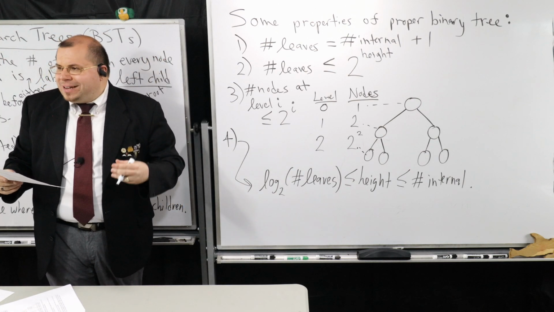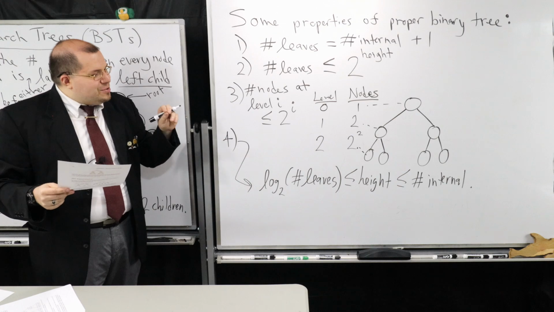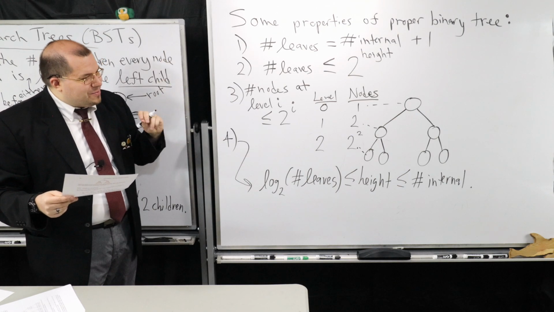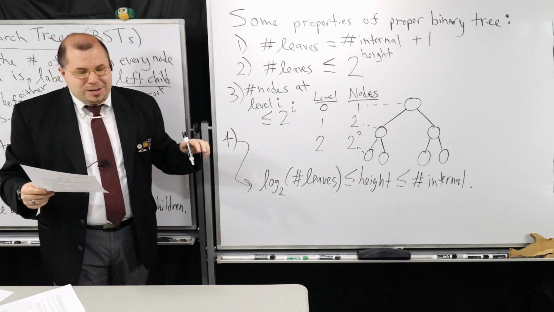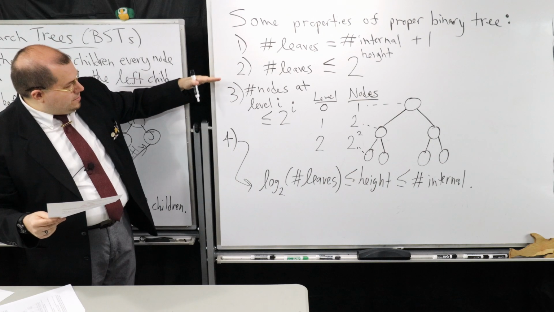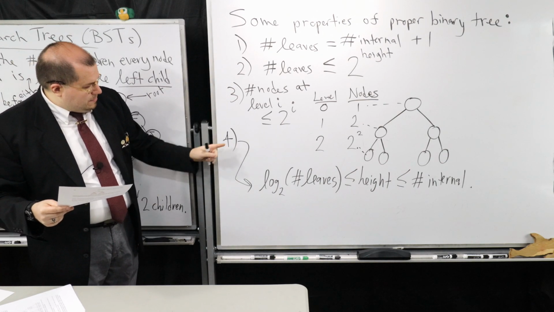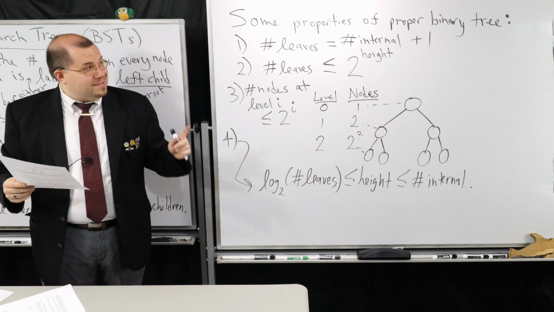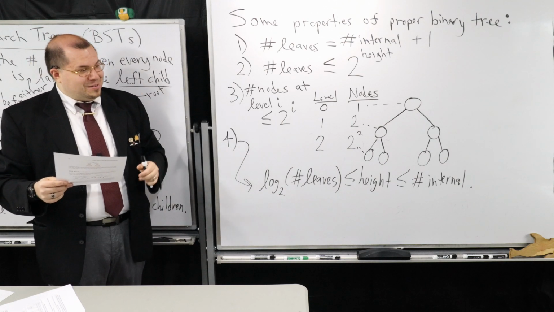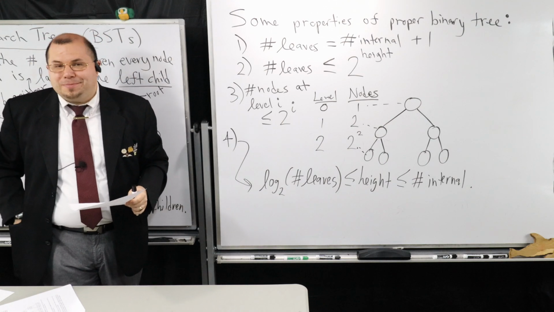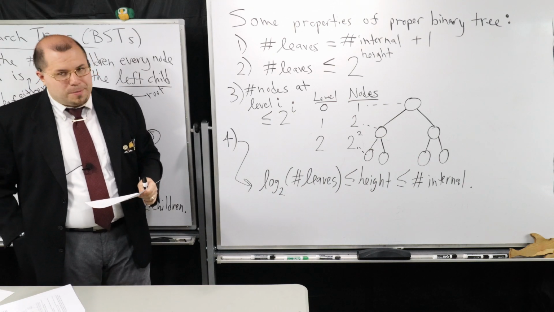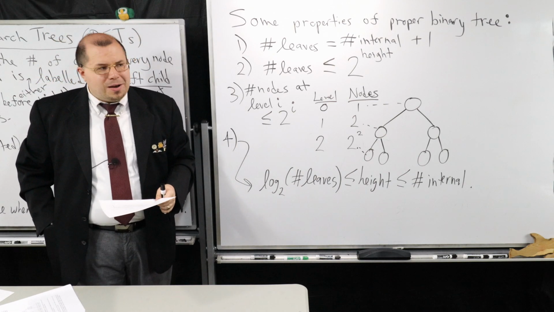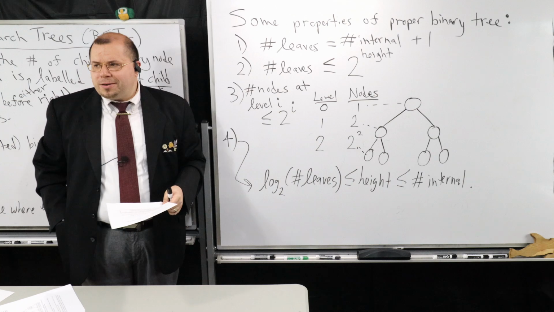Sometimes you will run into a circumstance where one of these becomes very useful to think about. Usually in this course, we'll focus primarily on these 3 right here, but sometimes you'll find this one also helpful. I just want to bring up these few common properties that proper binary trees have. Are there any questions about these properties here?